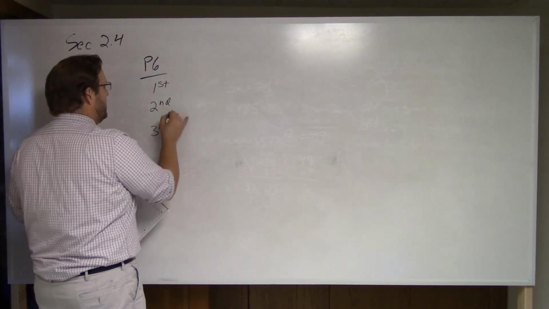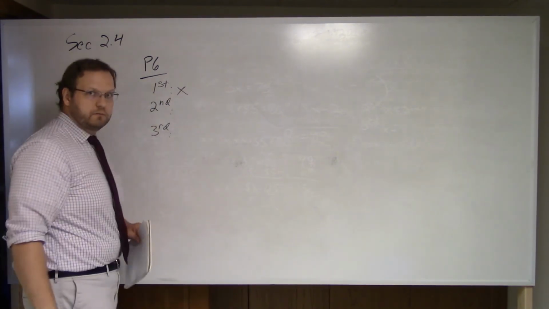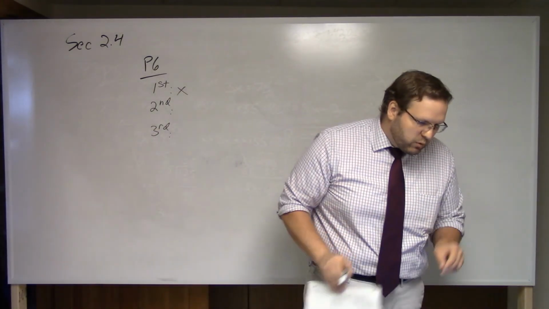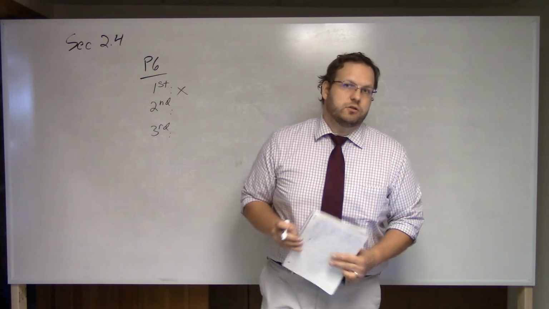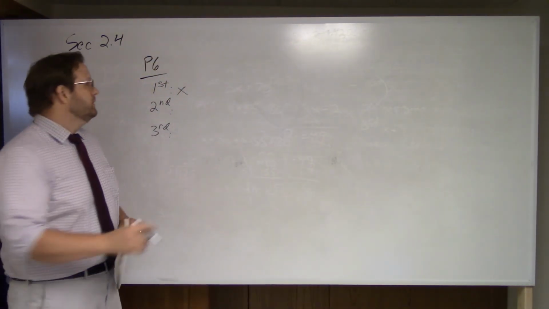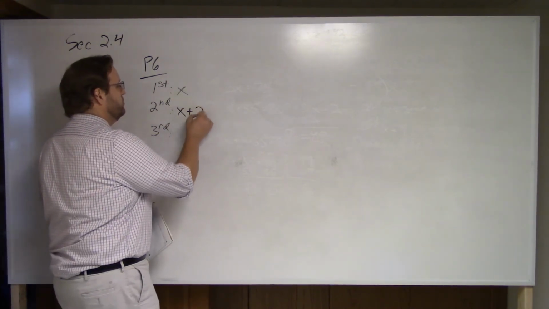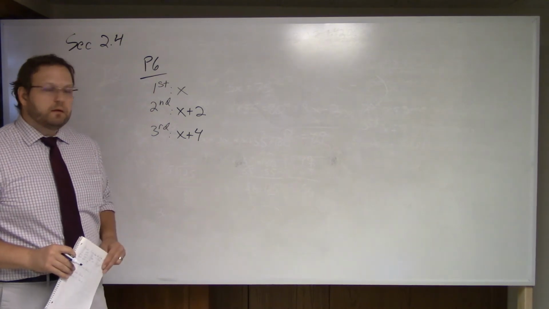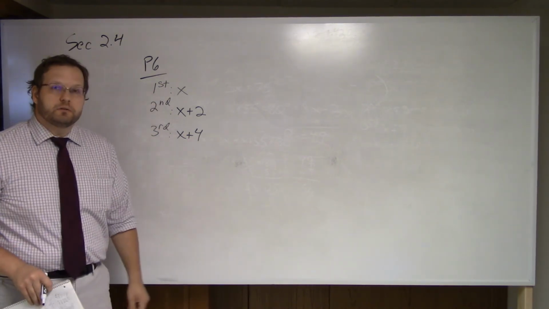And no matter what, my first is always x. It's always going to be the case. Okay? Next, it says they were consecutive even integers. Remember, when they're even integers, what are we adding? We're adding 2 and then another 2 to make a 4. Those are your pieces to the puzzle. Okay?